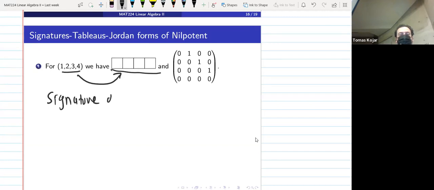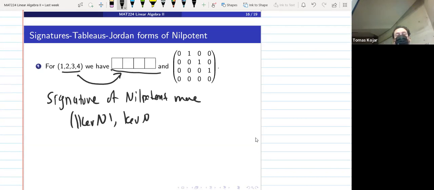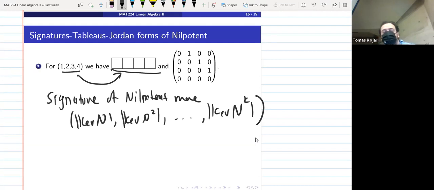So signature of the nilpotent map is what is it? Kernel of n, kernel of n squared, all the way to the kernel of n^k, and the number of elements is equal to the nilpotency degree. So anyways, how can I get this table? What do you think?